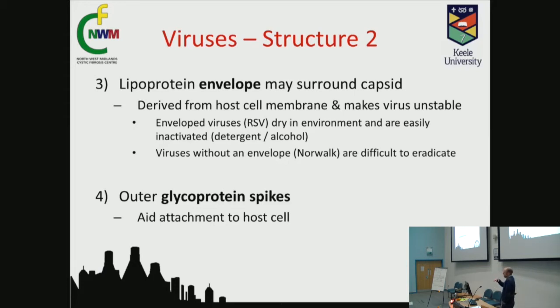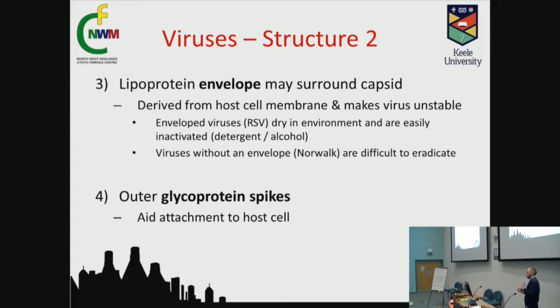And rather the other way around to the way you'd think, enveloped viruses are actually unstable. So if you have a virus that has an envelope, such as RSV, it is much less stable, and therefore when they go outside of the host, they're very easily inactivated by things like the alcohol hand rub that we use, or simple detergents.